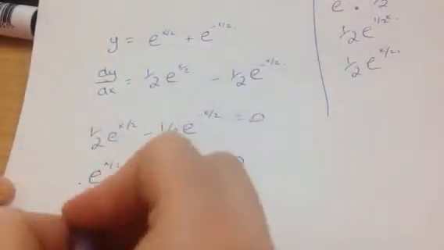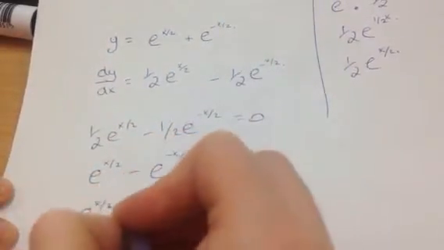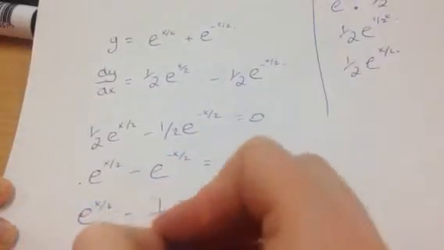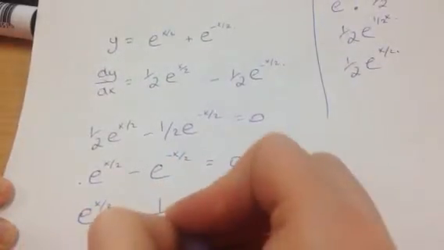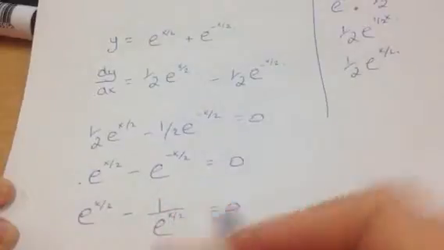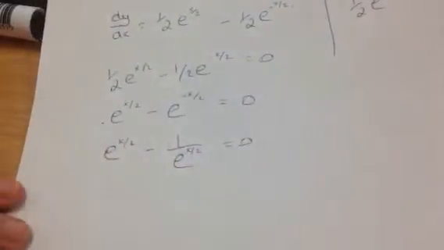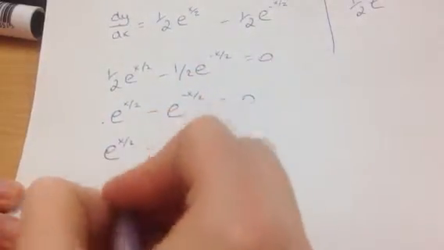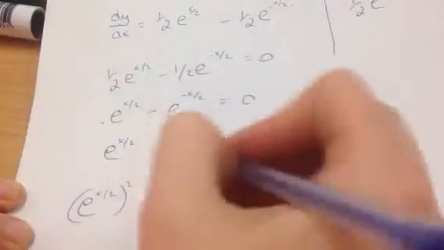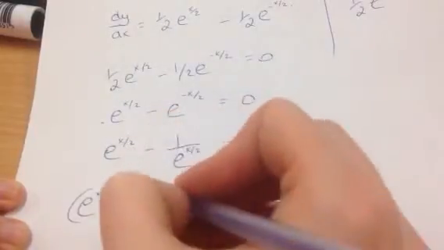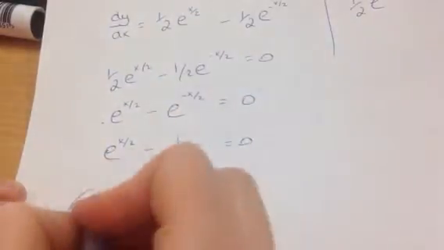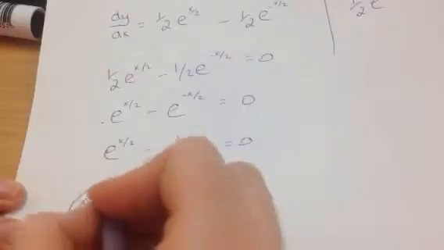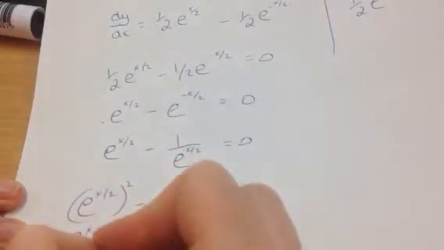That is the same as e to the x over 2 minus 1 over e to the x over 2 is equal to 0. You could multiply across by e to the x over 2. Multiplying by e to the x over 2, I end up with e to the x over 2 squared, minus 1, is equal to 0. Power to a power means multiply, and I end up with e to the x minus 1 is equal to 0.